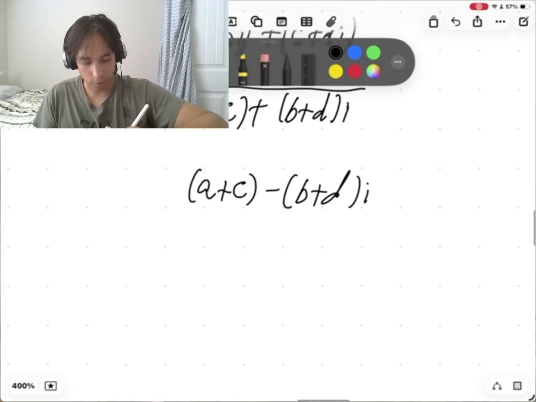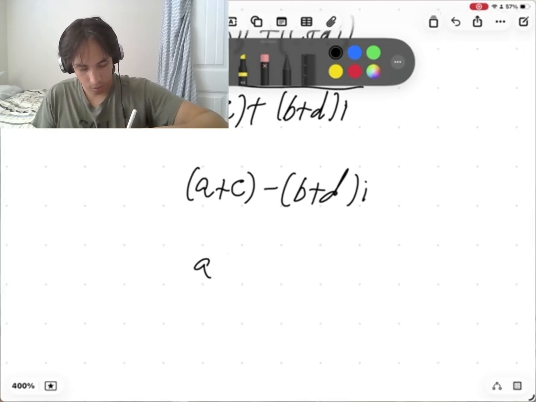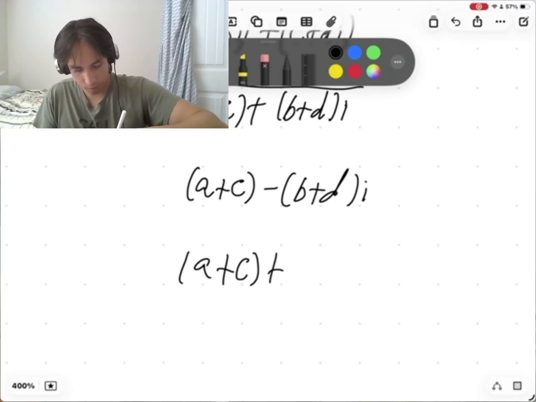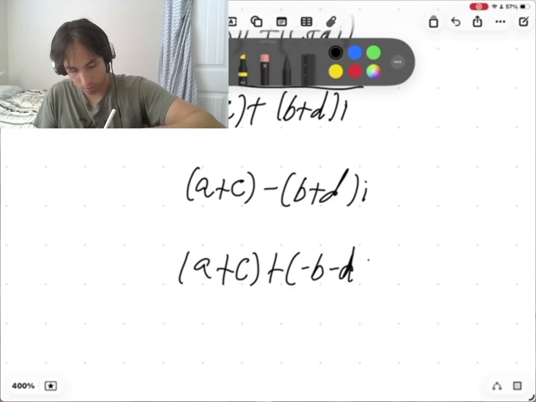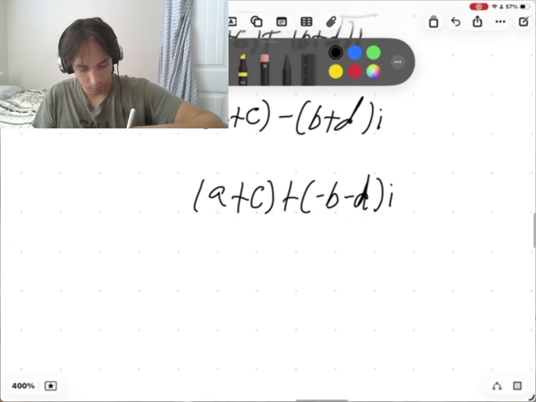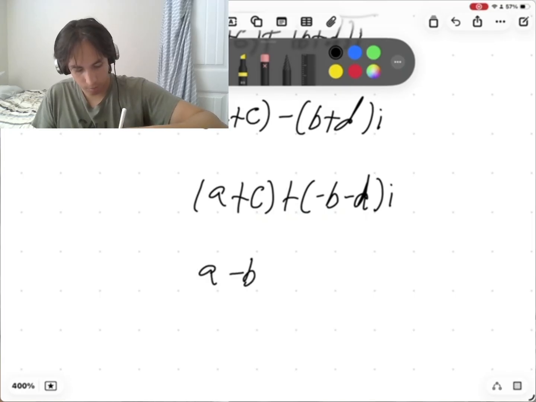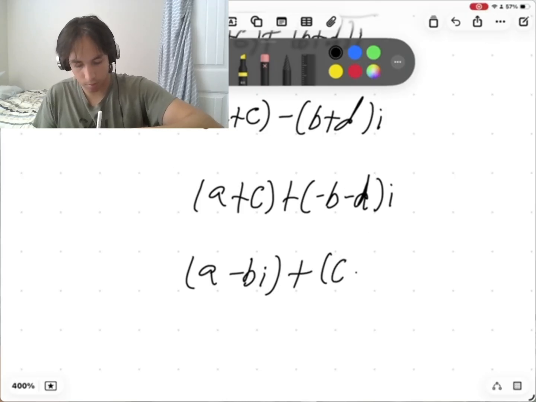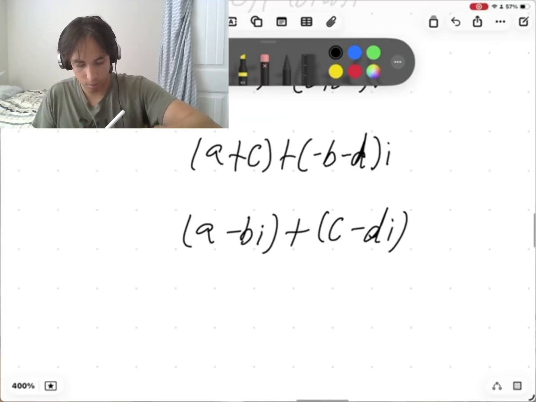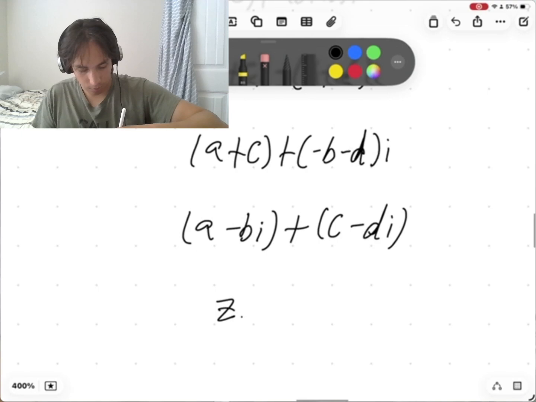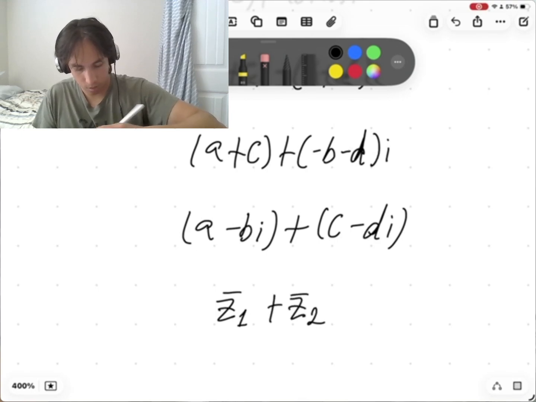I'm going to do it both ways. So this is a plus c plus negative b minus di. This becomes a minus bi plus c minus di, which is the complex conjugate of z1 plus the complex conjugate of z2.